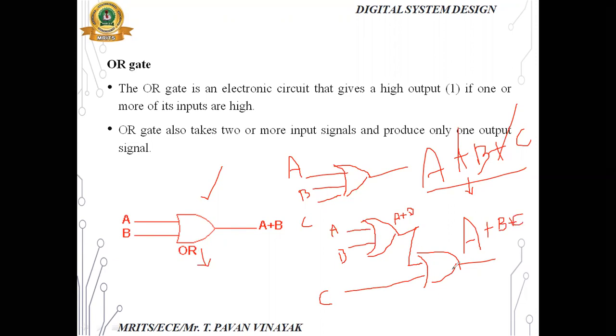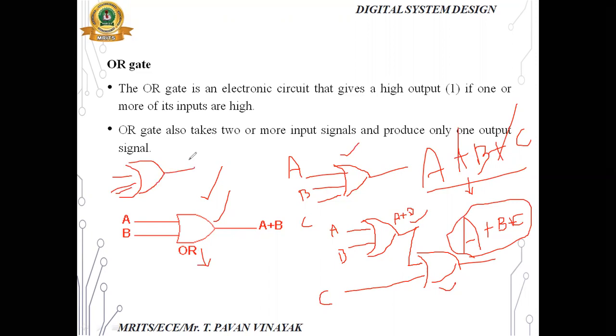In digital logic gates, we can directly use a 3-input OR gate. If I give only 2-input OR gates, use 2 OR gates, 1 and 2, to implement the 3-variable OR operation. Suppose I am given 4 variables, 1 2 3 4.